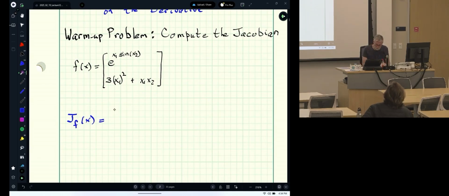The first entry is df1 with respect to x1. Continuing in this row, it's this function's partial derivative with respect to x2, and then second row partial with respect to x1, second row partial with respect to x2. Give it a go. On your mark, get set, finish line.